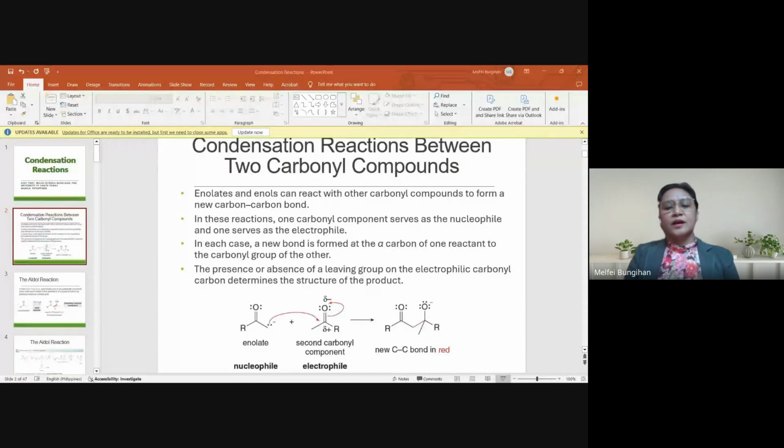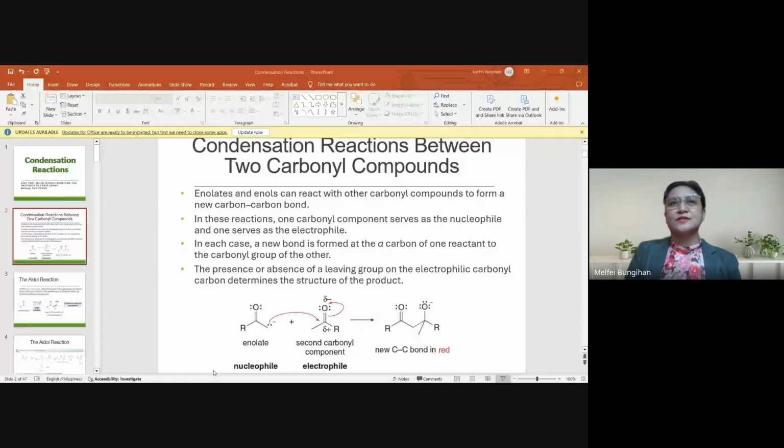Now, when your enol tautomerizes, before it does that, an enolate may attack that carbocation, which becomes the electrophile. So basically, condensation reactions are just an enolate or enol reaction, a nucleophile-electrophile interaction.